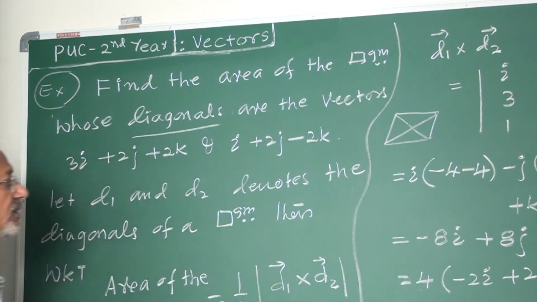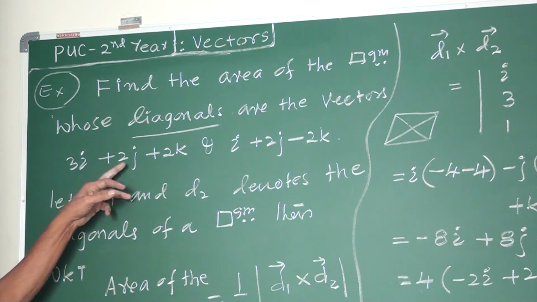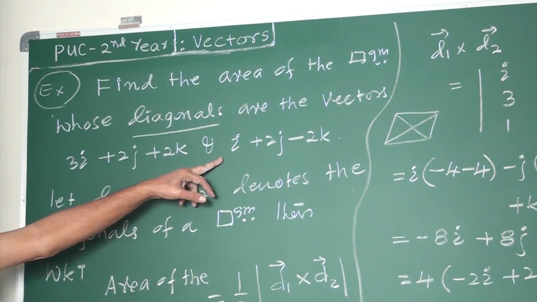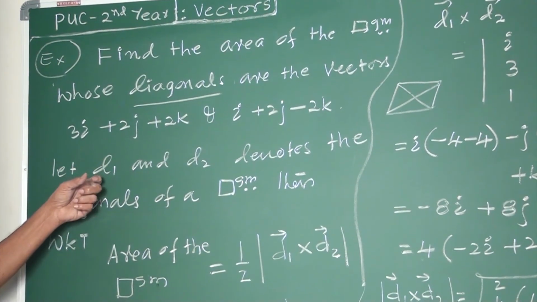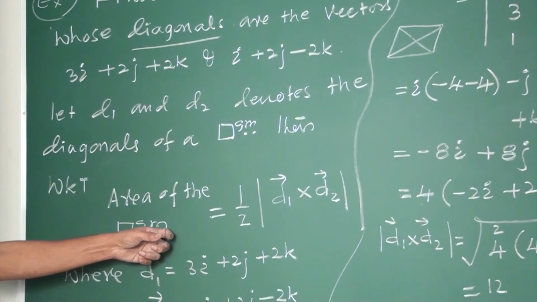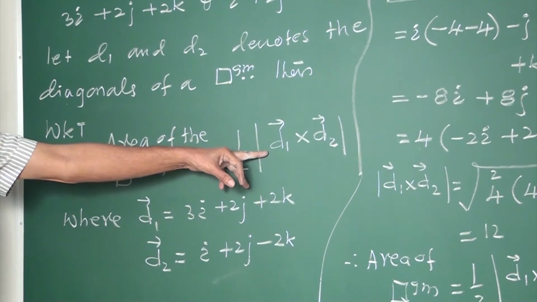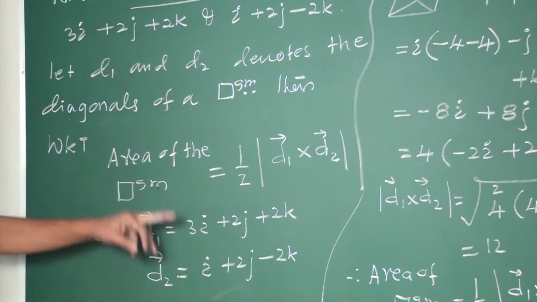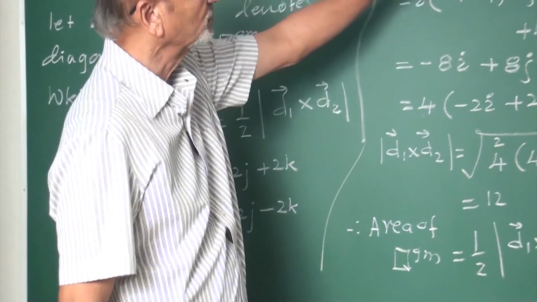These diagonals are represented by the vectors 3i plus 2j plus 2k and i plus 2j minus 2k. If d1 and d2 denote the diagonals, this is the formula: area of the parallelogram is half magnitude of d1 cross d2, where d1 is first one, d2 is second one. First we have to find d1 cross d2.